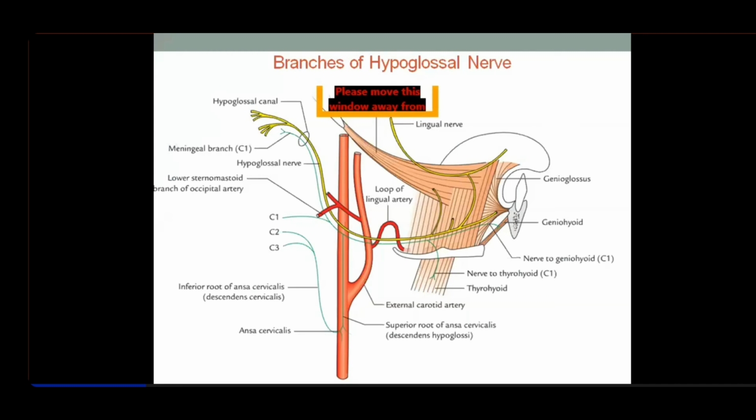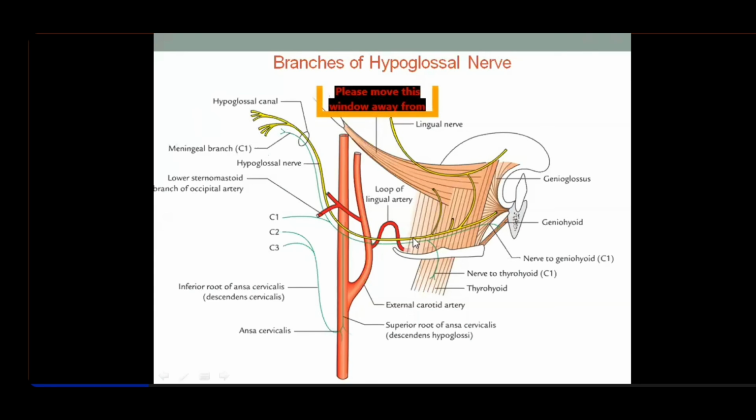And then we'll talk about the branches of this nerve which are carrying fibers from the C1 or C2 segment of the spinal cord. So this has fibers from cervical segments as well. This way of talking is because it's mainly for the tongue, so the fibers from the hypoglossal nucleus will only supply the muscles of the tongue.